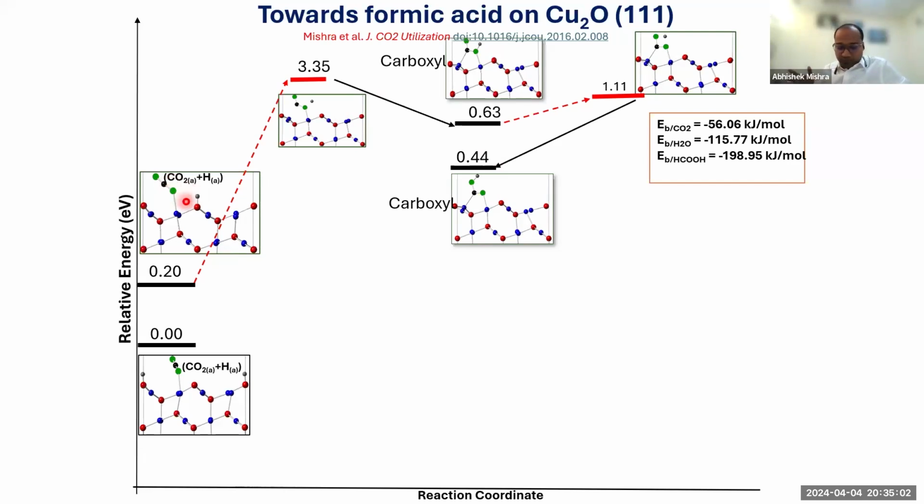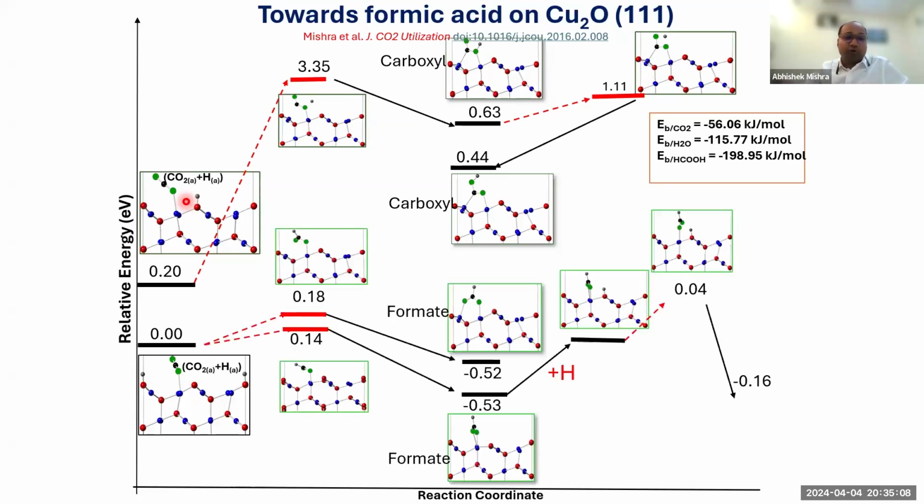And that's the second option the chemists have in such reactions, which we will be calling formate. So now just ignore these steps. Look at the formate. For formate to form, you just need about 0.14 electron volt energy.